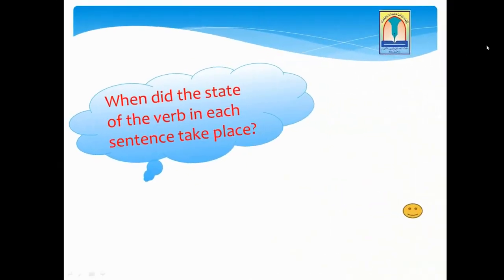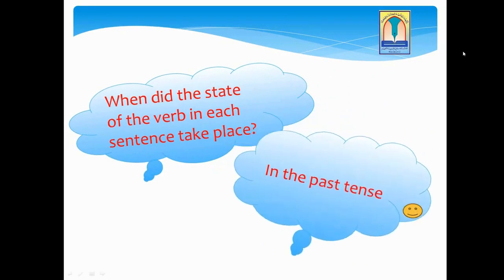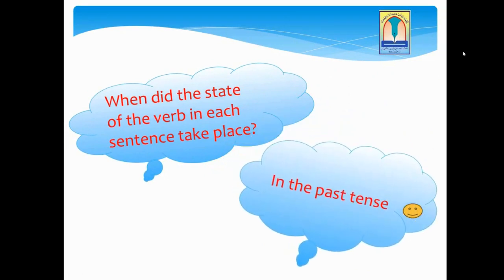Now let's ask, when did the state of the verb in each sentence take place? The state of the verb in each sentence took place in the past tense, since was and were are used in the past tense to refer to a past factual state.